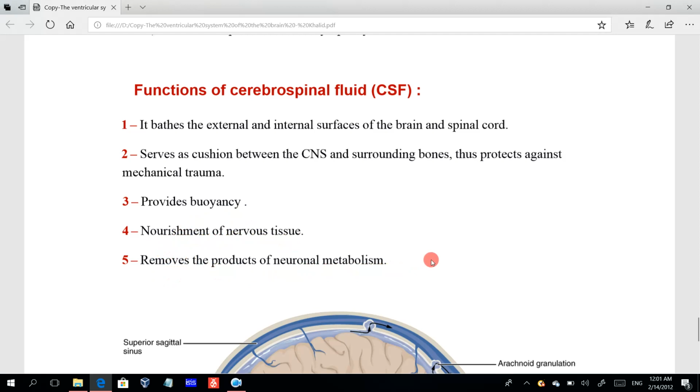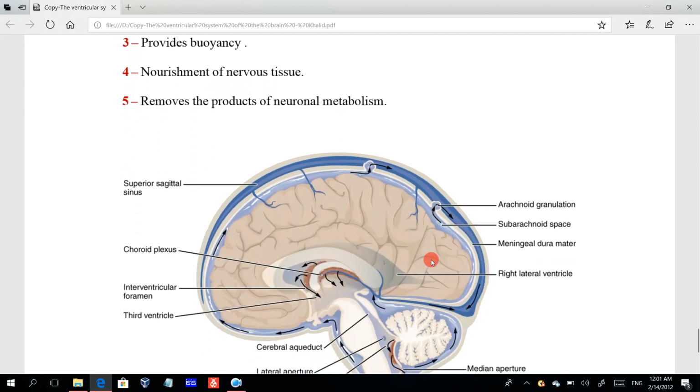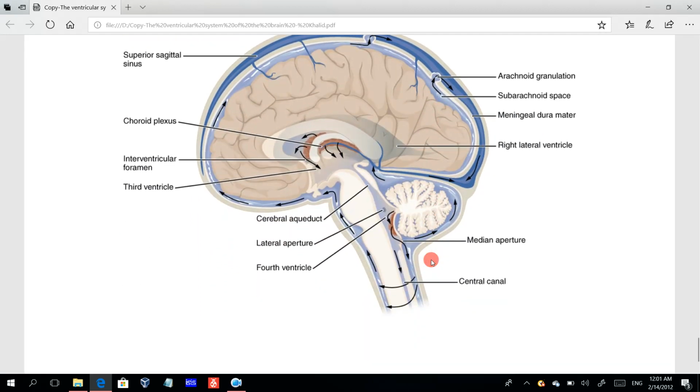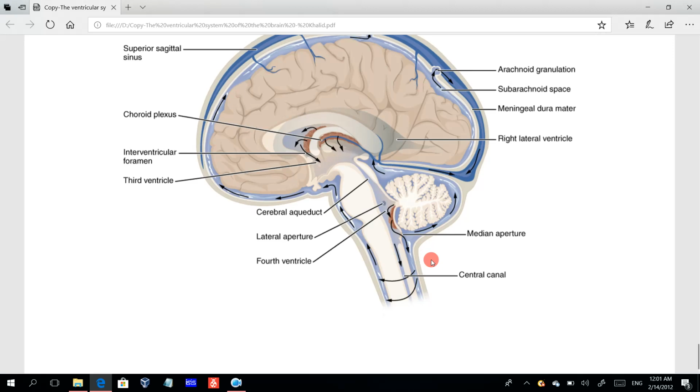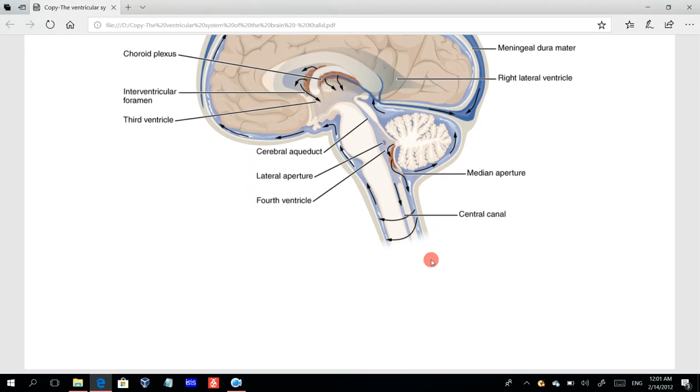So all these are functions of cerebrospinal fluid. And also this picture shows you how the cerebrospinal fluid circulates within the cranial cavity. Thank you very much for your listening.